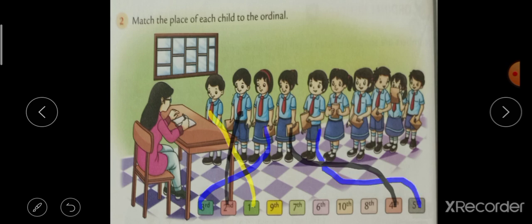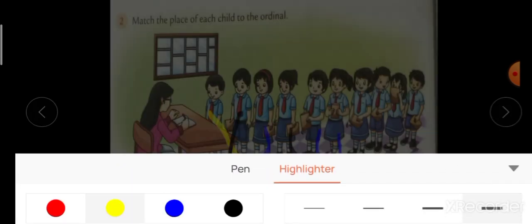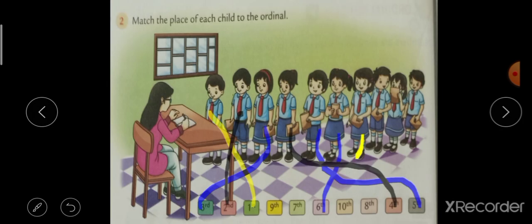Then sixth. Sixth is here. Okay, then seventh. Seventh is here. Okay, then eighth. Eighth is here.